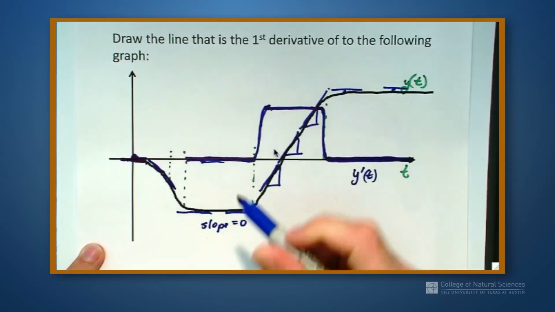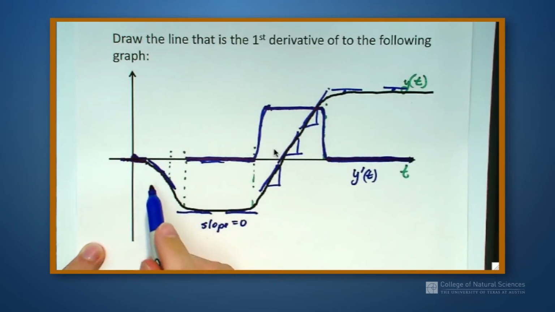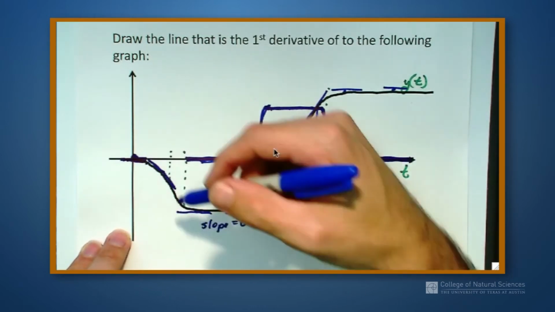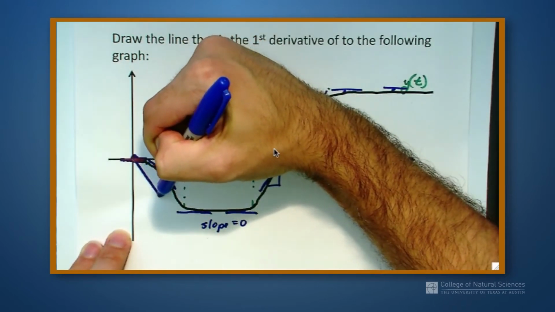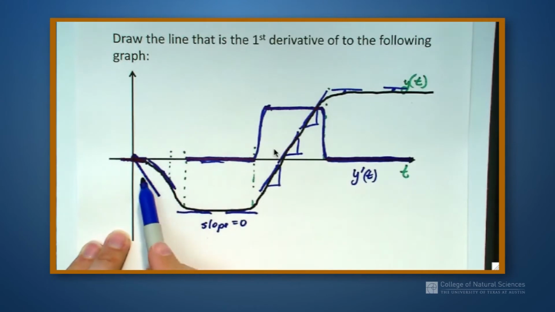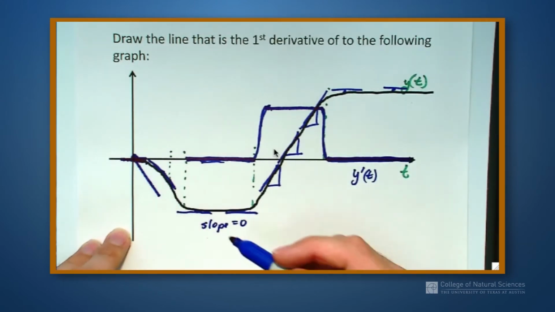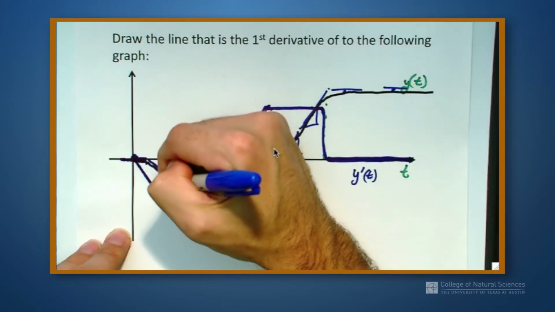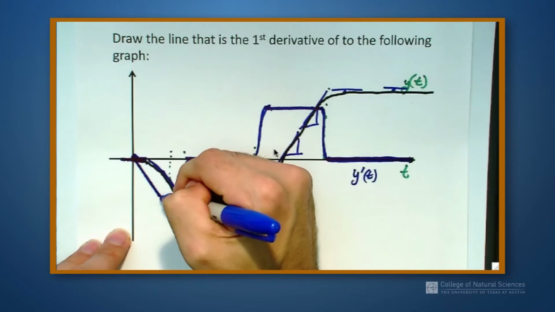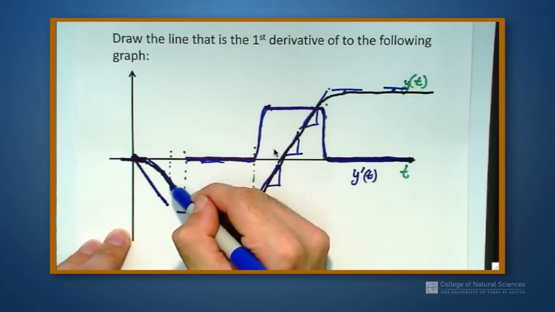This one is actually even steeper. It's more and more negative. So if I were to draw the slope of this line, it's going to be some negative value. It looks like a parabola to me, so the derivative of a parabola is a straight line. And I get to some point over here. At this dotted point, this is my steepest point in this graph.